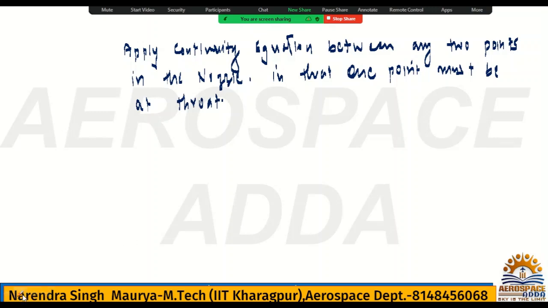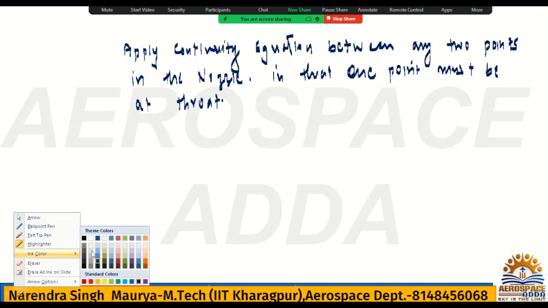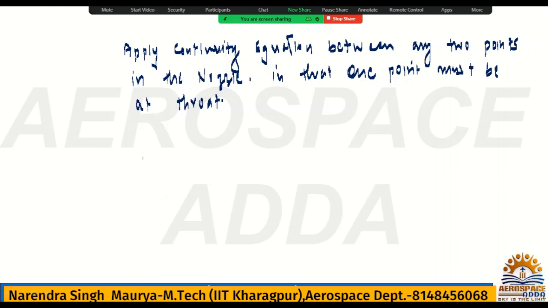So what will be the continuity equation? Check. It is nothing but rho A V. One I am going to take at the throat, so the throat value will be the star value. Yes or no?